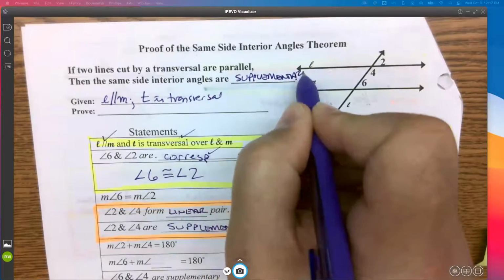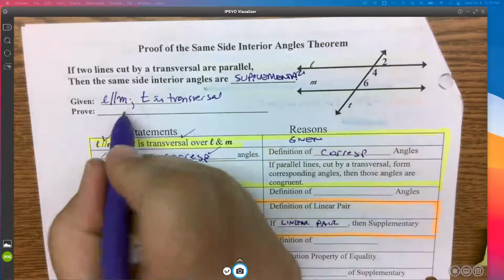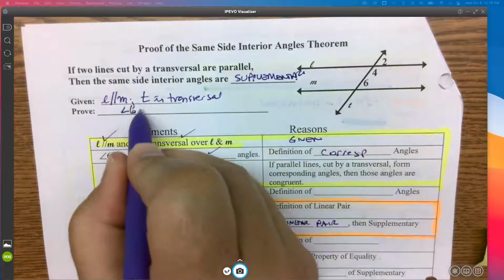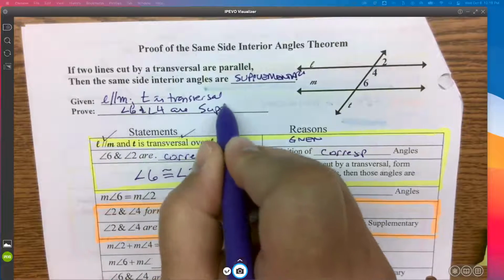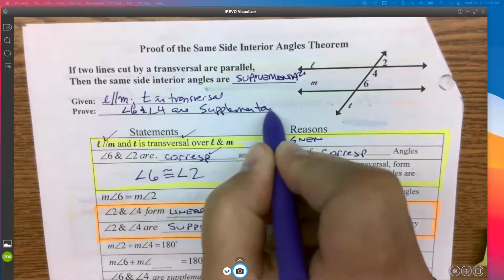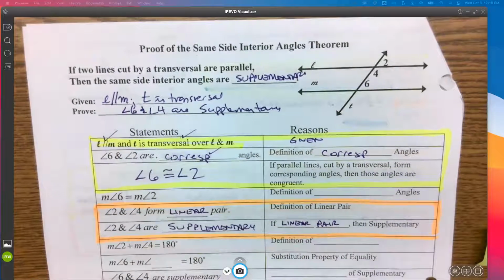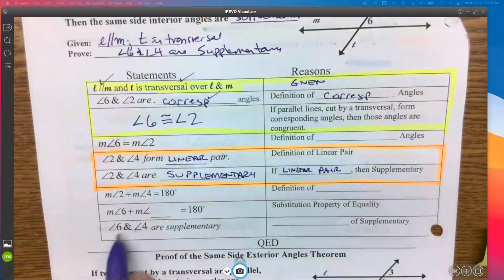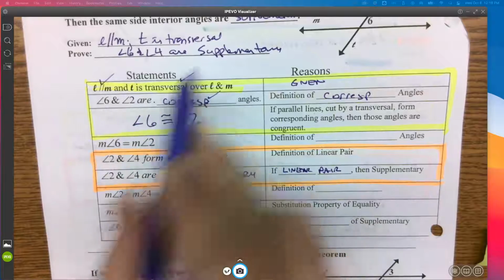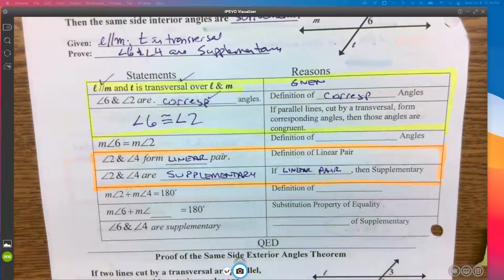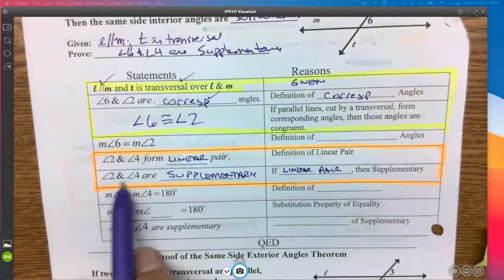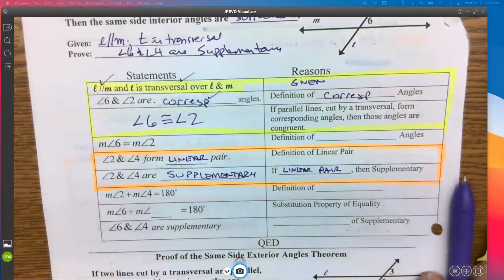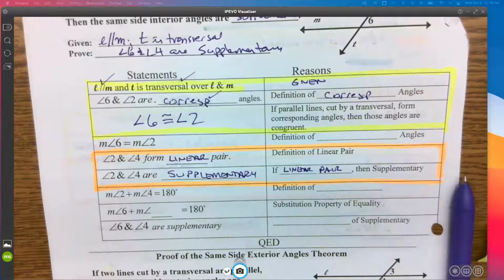We're trying to prove that these angles are supplementary, which means we want to get angle 6 and angle 4 are supplementary. And I chose what the order was based on what was written down here, because I know this last step is the same as what I'm trying to prove. So if 2 and 4 are supplementary, hold on, I see a lot of writing. Let me give you a second to get caught up.